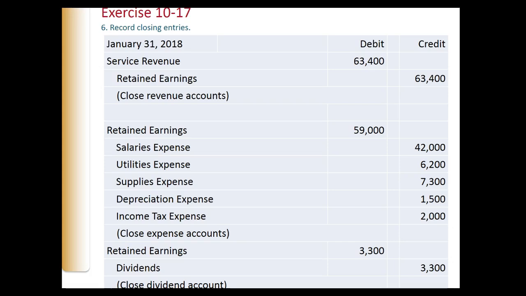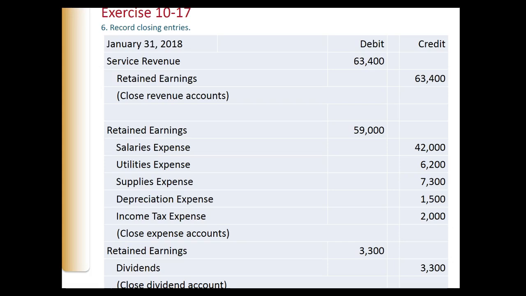We then record our closing entries. Closing entries eliminate temporary accounts. The temporary accounts are the revenue and expense accounts along with our dividends. So to zero them out, for service revenue, we will debit it, and then the credit is retained earnings.